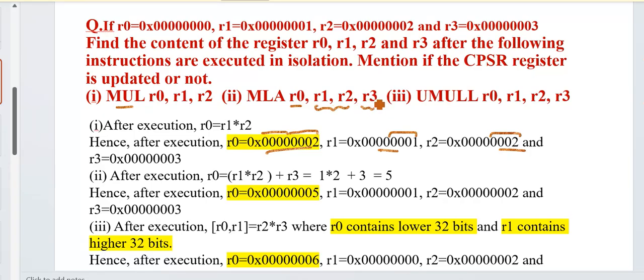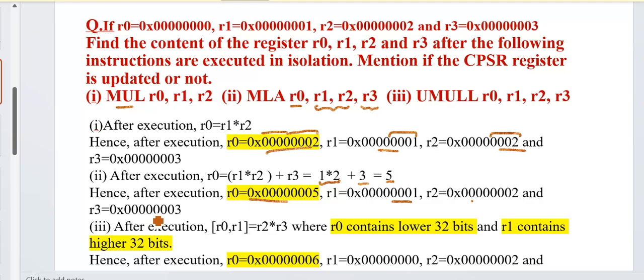To that result add R3, which is 3. 2 plus 3 is 5. So this is multiply and accumulate, and the answer is 5. After the instruction R0 is 5. R1, R2 and R3 keep their original values.